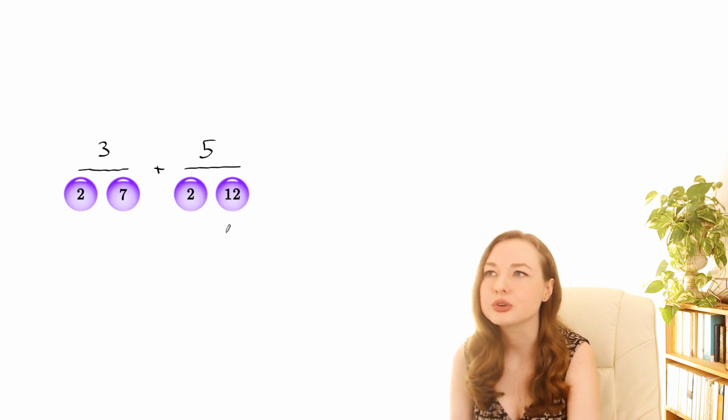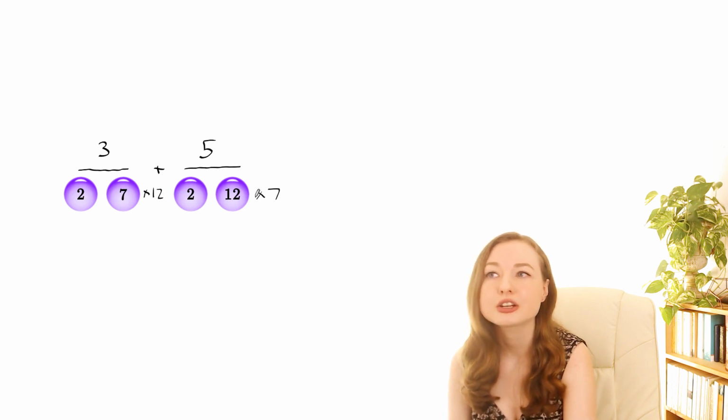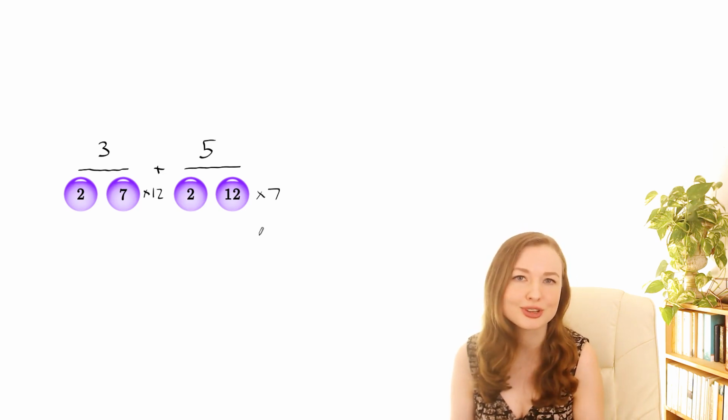So then I would imagine if I multiply this by 7 and this one by 12, you're actually going to have the same thing in both denominators, because you've got 2 by 7 by 12 there and 2 by 12 by 7 there, and they're the same thing just in different orders.